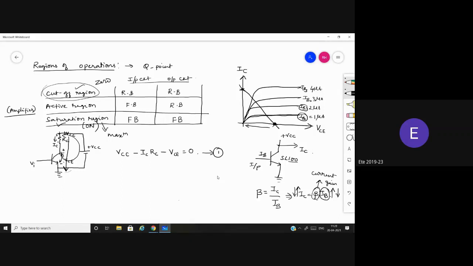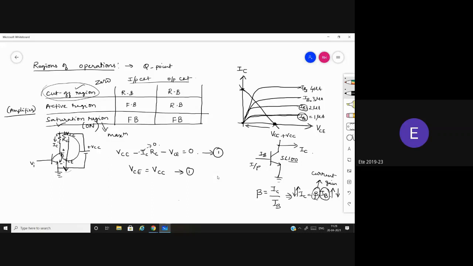It is 0. So here IC will tend to 0, then VCE will be equal to VCC. So from this, we come to know that this point is equal to VCC.